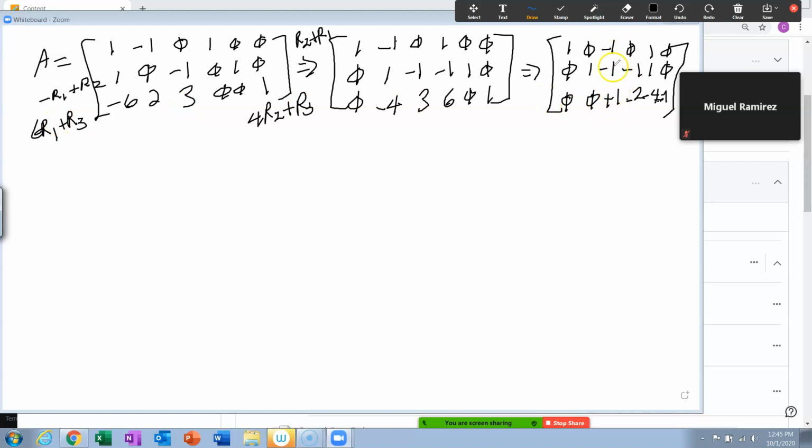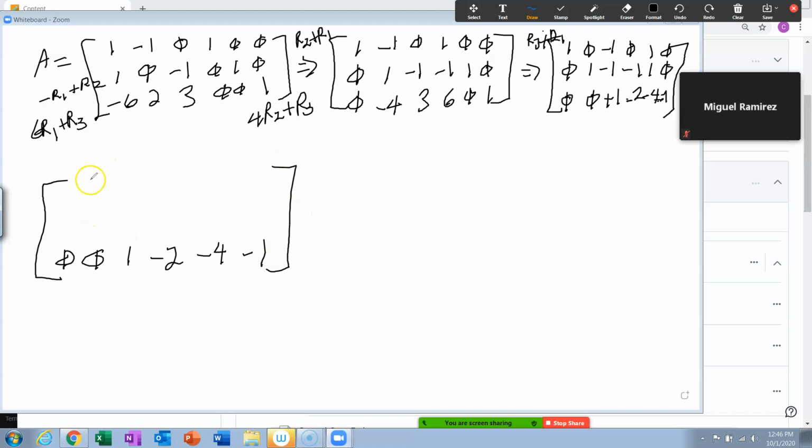We want 0's above, so basically row 3 plus row 1. We're using our row 3, so write it down: 0, 0, 1, minus 2, minus 4, minus 1. I hope I wrote it right.